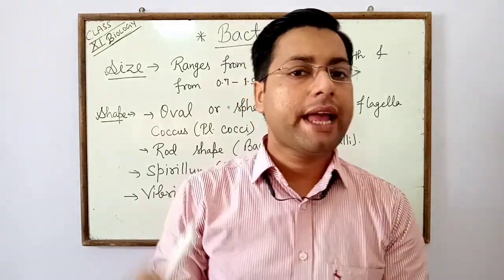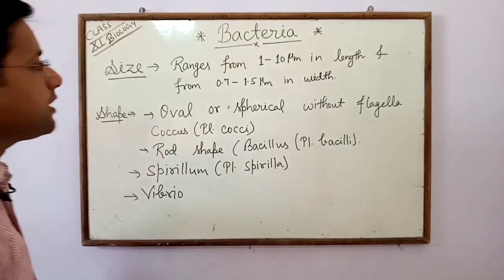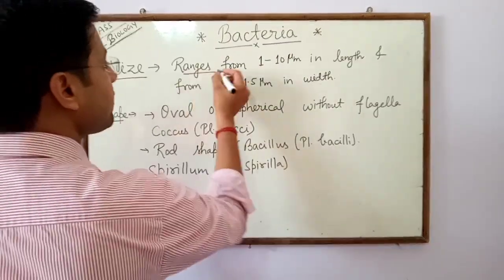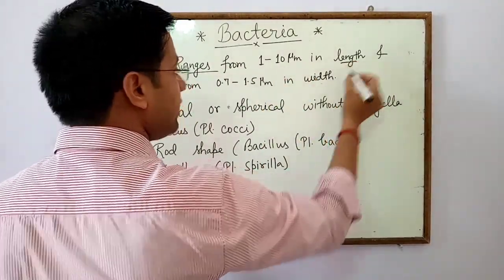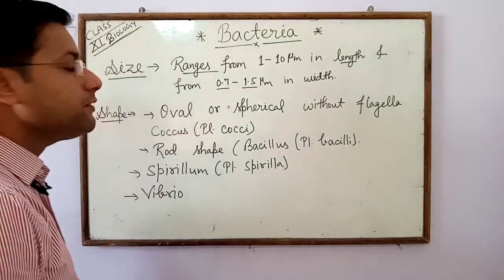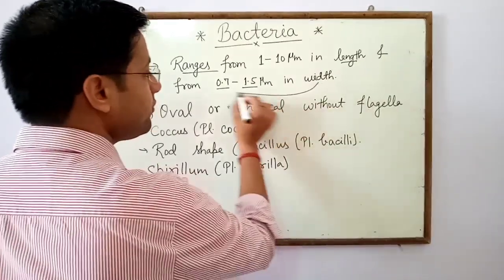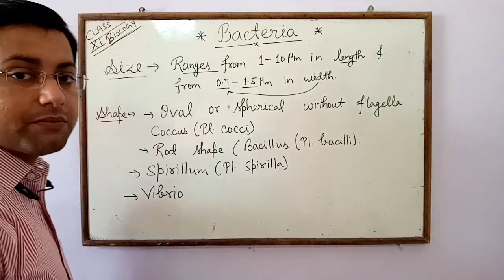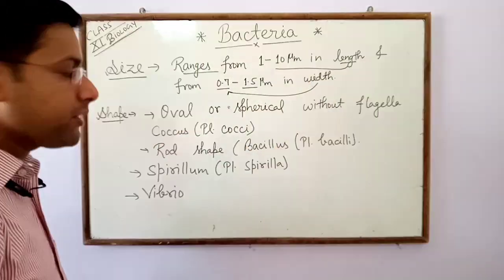So in case of size, bacteria range from 1 to 10 micrometer in length and from 0.7 to 1.5 micrometer in width.